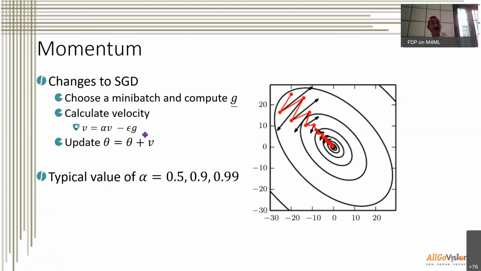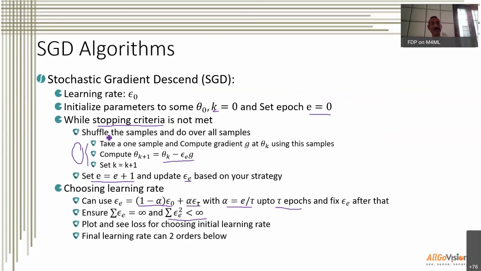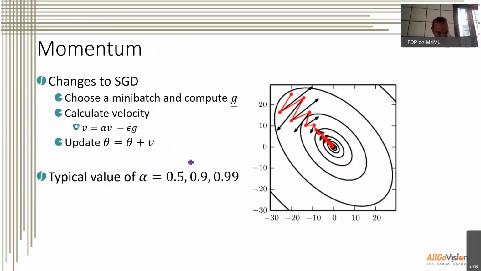So instead of moving by simply minus epsilon g, as in SGD, you are now adding the previous velocity scaled by alpha, and then doing the minus epsilon g on top of that.